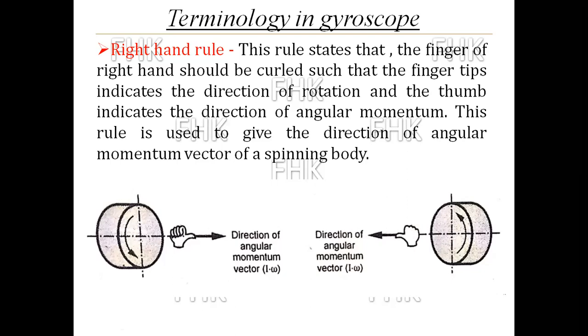You have to fold all the fingers in such a way that the curling fingers state the direction of rotation of the rotor. At that time, the thumb will indicate the direction of angular momentum. This is towards the left. So this right hand thumb rule is used while solving numericals to find out the direction of the angular momentum vector.